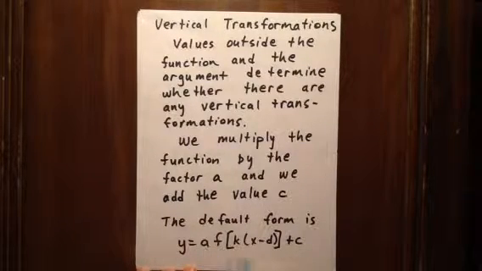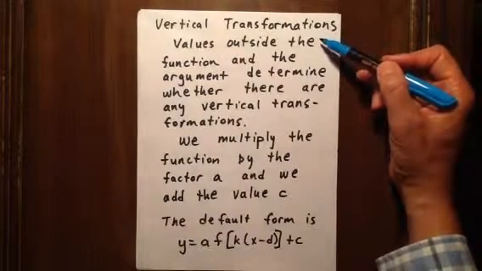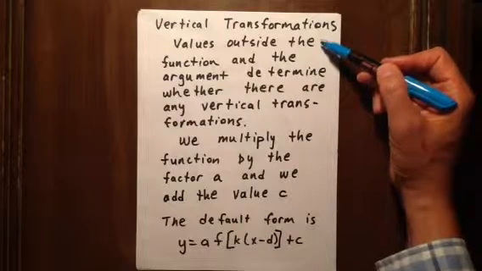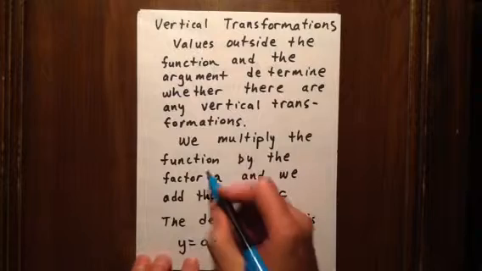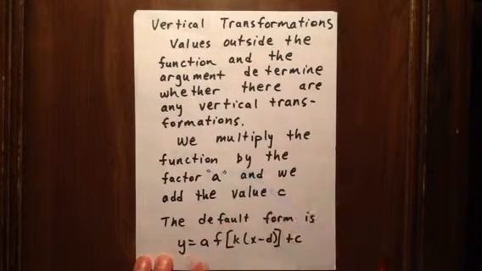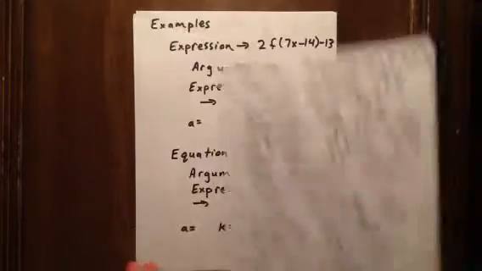Well, this a and this c value help us to determine vertical transformations. So to be more concise, the values outside the function and the argument determine whether there are any vertical transformations, a and the c. We multiply the function by the factor a, and we add the value c. Okay, whatever we multiply by is the a, whatever we add is the c.